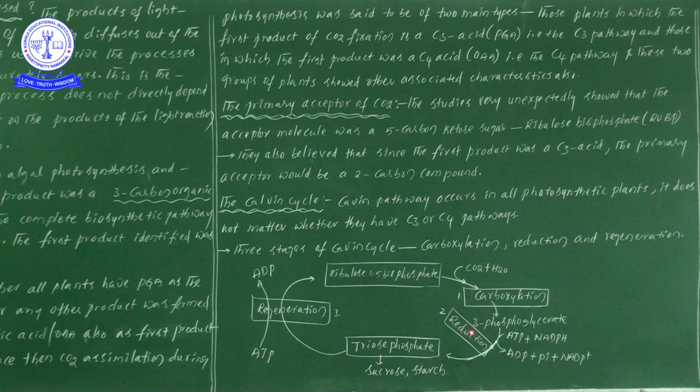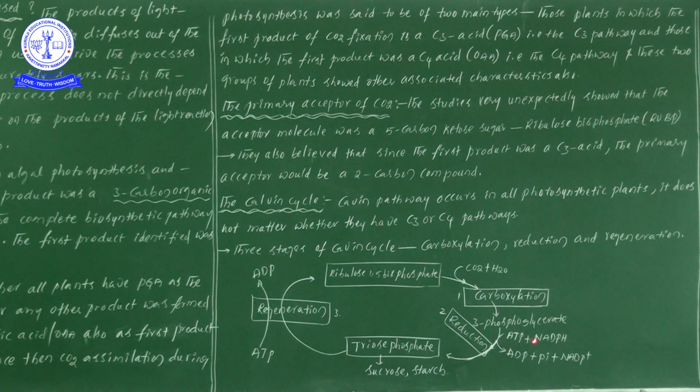After formation of 3-phosphoglycerate, in the reduction process ATP as well as NADPH are oxidized. So ATP goes to ADP plus Pi, and from NADPH, NADP plus is formed.